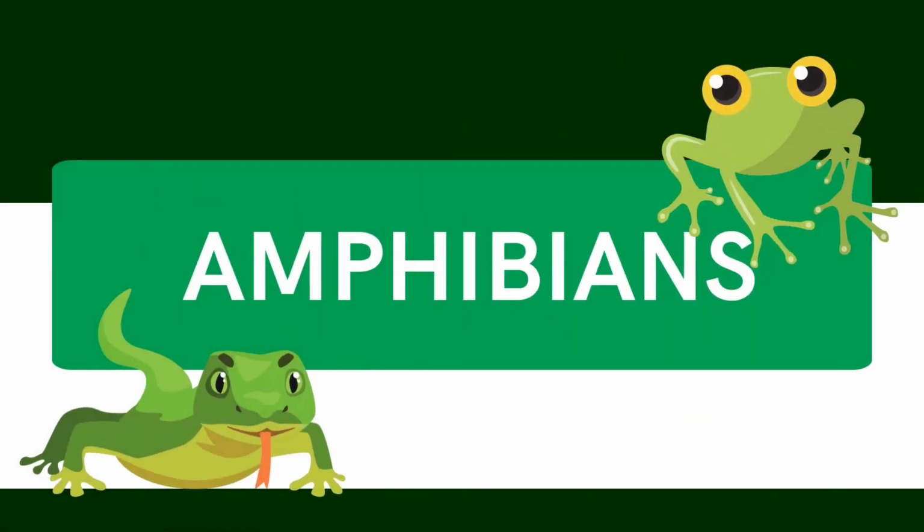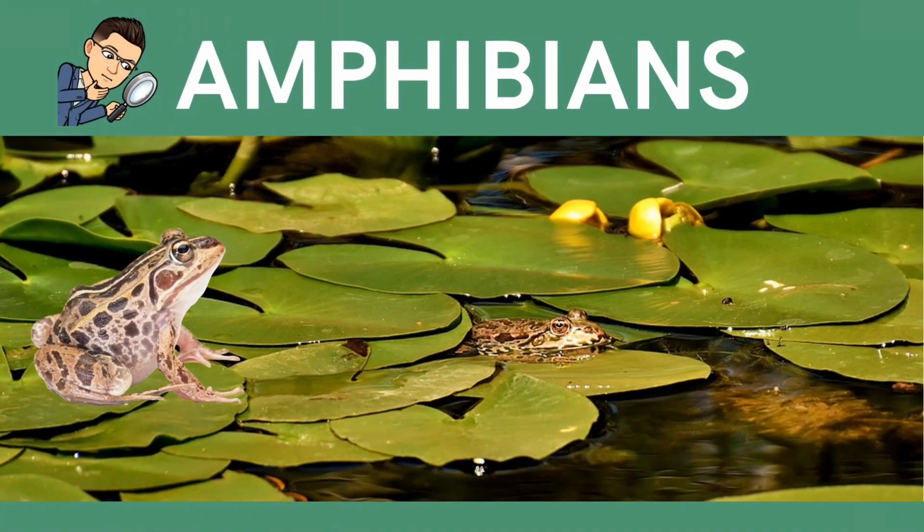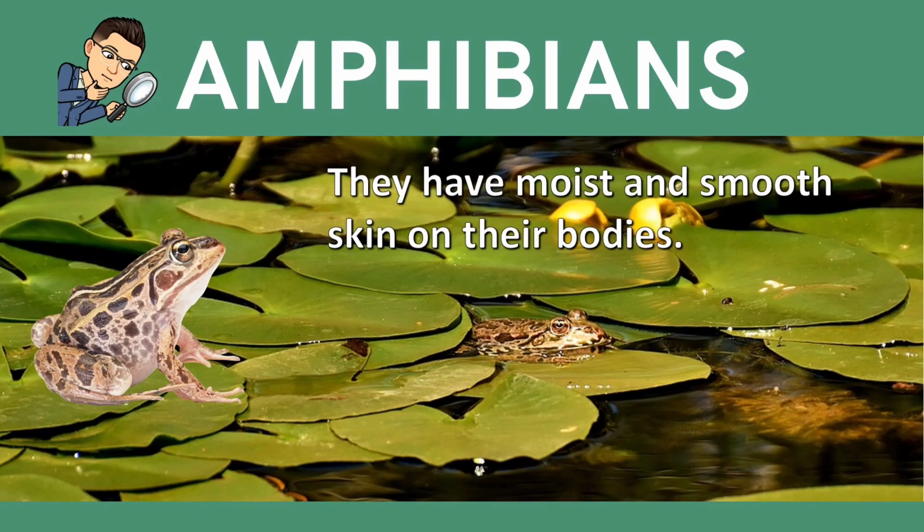Now, let's discuss the next group of vertebrates, which is amphibians. Frog belongs to this group of vertebrates. The amphibian. Will you describe its body covering, class? You're right. They have moist and smooth skin on their bodies.